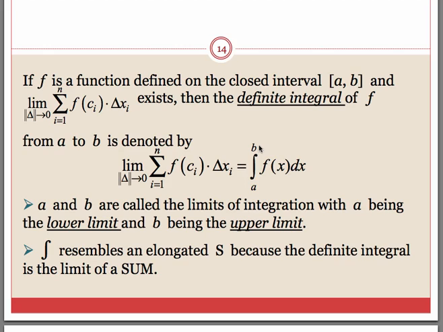A is the lower limit of integration and b is the upper limit. And that antiderivative symbol we talked about, you might remember me saying it looks like an elongated S for a reason. Well, now you know the reason. It's an elongated S because it's representing the sum of the areas of all the individual rectangles. That's really where that symbol came from.